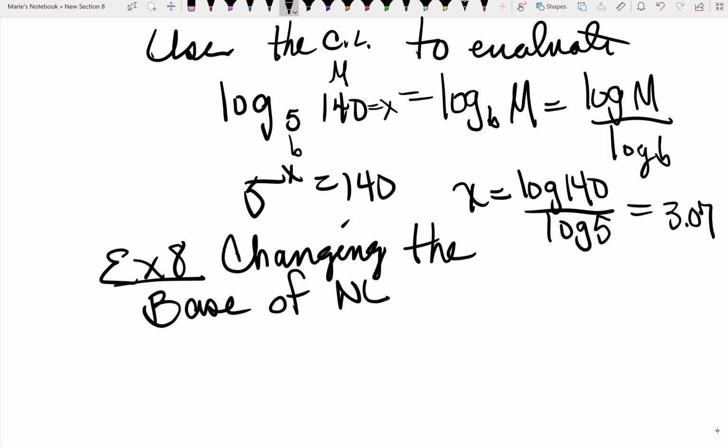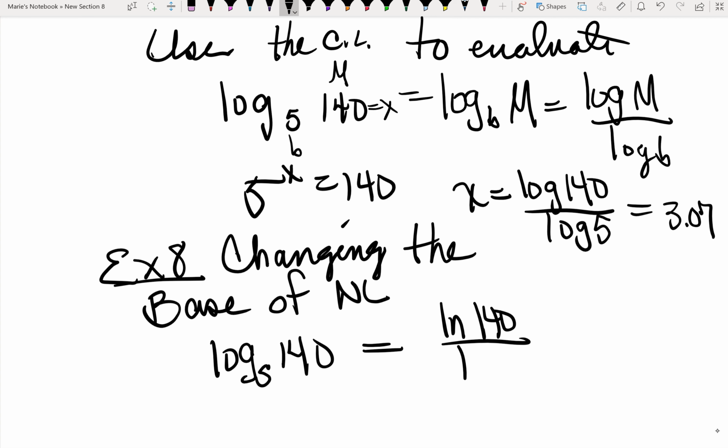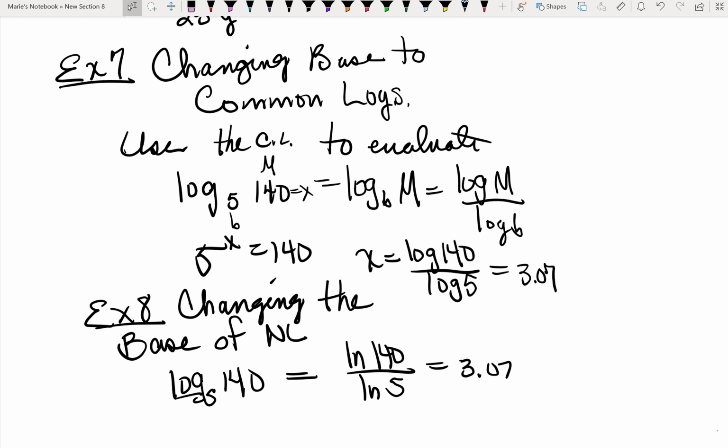So they're asking us to evaluate basically log base 5 of 140. And so you can simply express this as natural log of 140 over natural log of 5, despite the fact that this is log. It wouldn't make a difference in your answer. And your answer should still be 3.07. So both of those are literally identical.